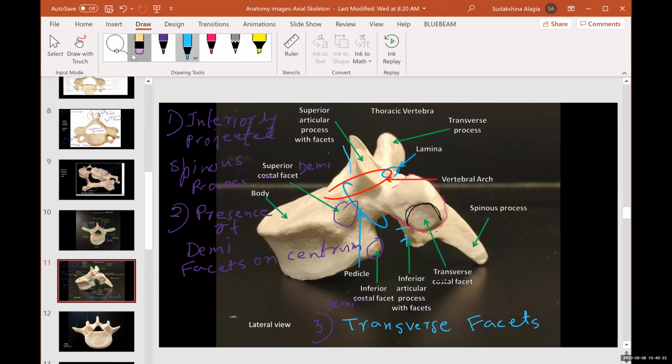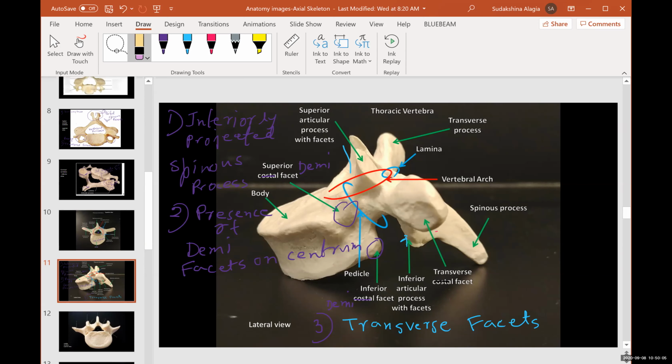Does it go all the way in there, or does it just rest on those demifacets, in between the inferior articular process with facets and the inferior demifacet? I'm just confused where the rib fits. Oh, you mean this space you were referring to? Yes. Oh no, the rib doesn't pass through that, if that's what you are asking.